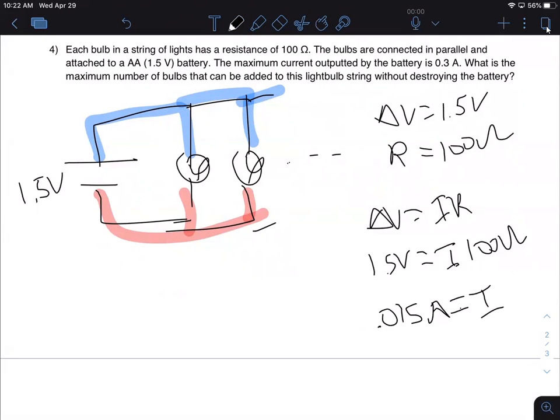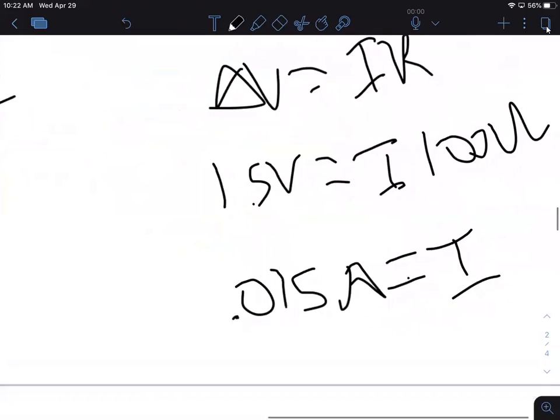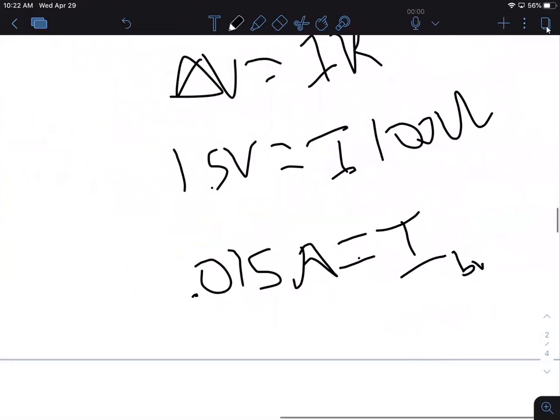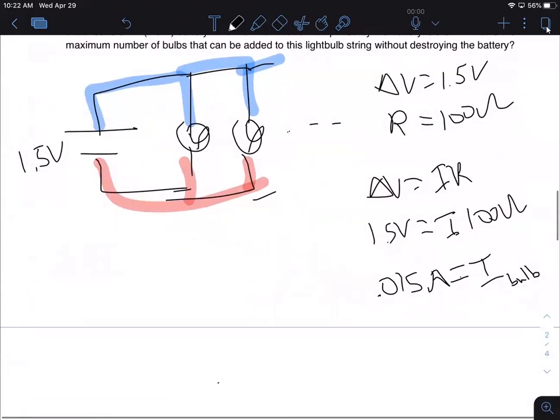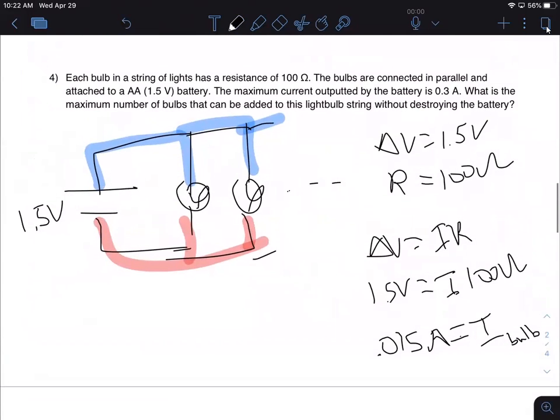So that's the I through one of these bulbs. So let's label that, so it's different from the I through the battery. Each one needs a current of 0.015 amps.